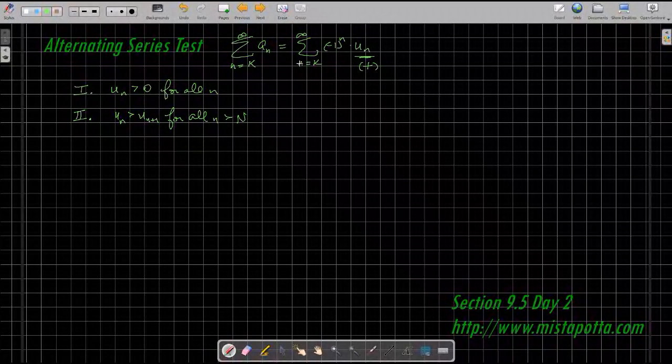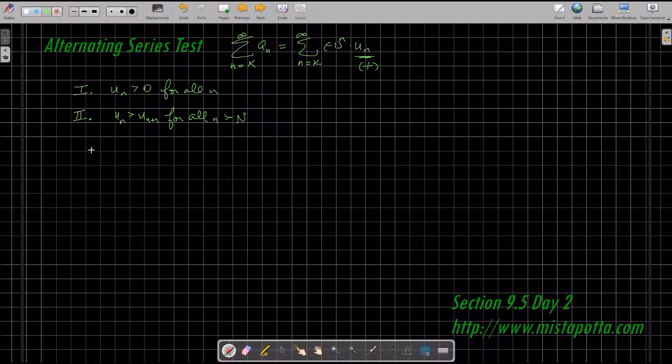And it's okay if the first 6 terms, or the first 10 terms, or the first 100 terms don't satisfy that. As long as for some starting point, every point beyond that does.